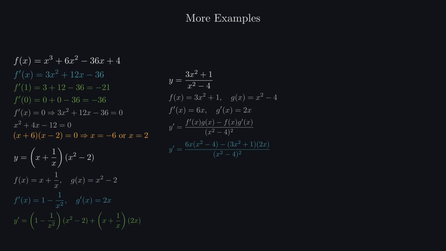And the second term, 3x squared plus 1 multiplied by 2x equals 6x cubed plus 2x. So the numerator becomes 6x cubed minus 24x minus 6x cubed minus 2x, or negative 26x. Therefore, y prime equals negative 26x over x squared minus 4 all squared.